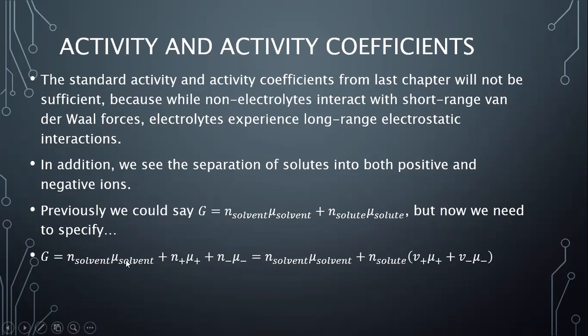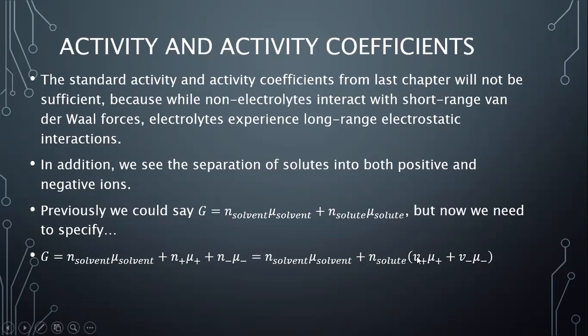So we still have this solvent, but now we have the moles of the cation times the chemical potential of the cation, plus the moles of the anion times the chemical potential of the anion, which we can further abbreviate as the total moles of solute equals the coefficient of cation times the potential of cation plus the coefficient of anion times the chemical potential of anion.